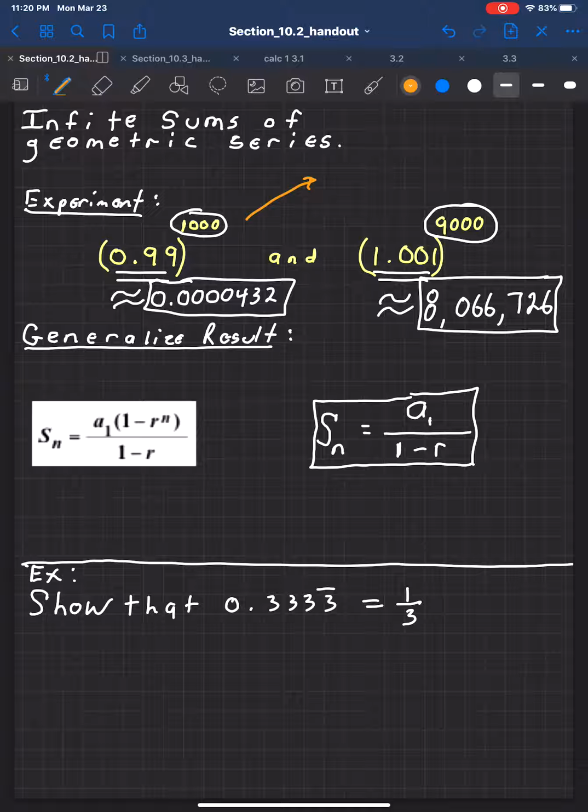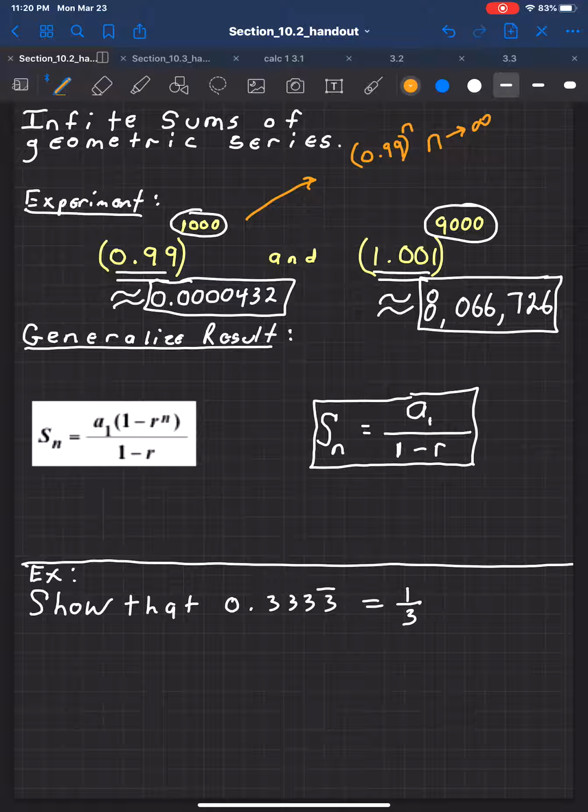So what can we say? Let's go back to the 0.99, and let's say to the power of n. The question becomes, what can you say about the result of 0.99 to the power of n as you let n grow very large, or let's say as you let n approach infinity? Well, you could try it.